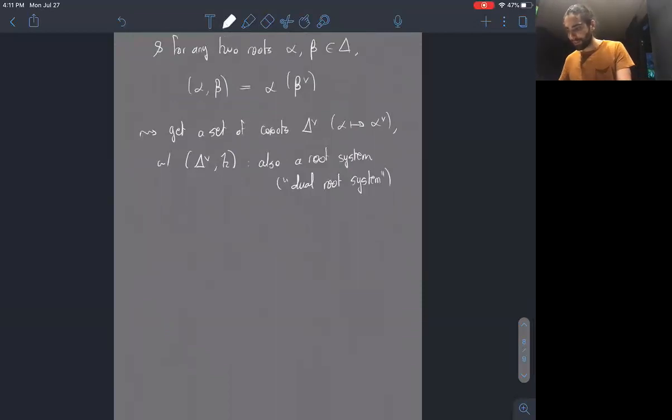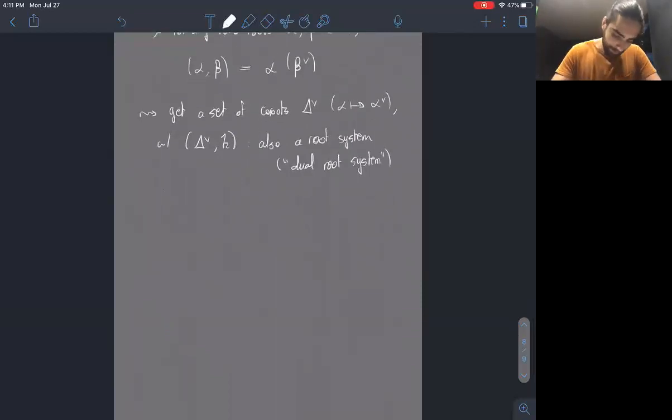And one last thing I want to talk about in this section is the classification of representations of a semi-simple Lie algebra using these notions of root systems.